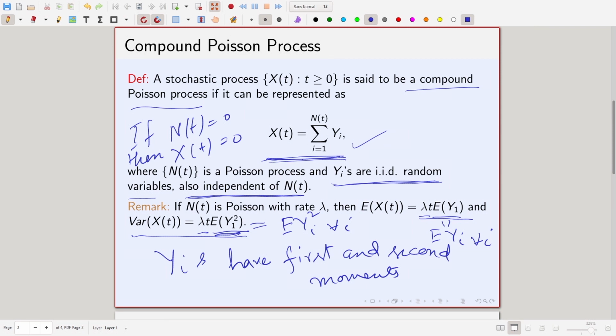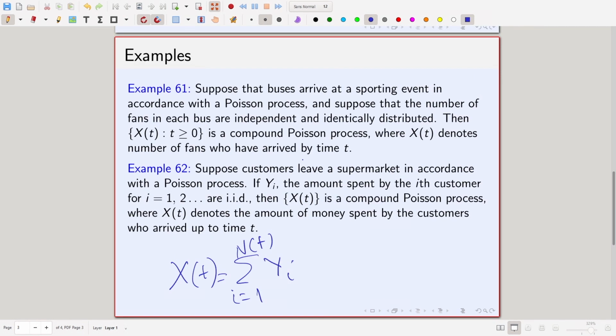That convention we are following. So, if Y_i is the number of fans who come in the ith bus, then up to time t there will be N(t) arrivals of buses, and the total number of fans who will arrive up to time t will be given by this formula. So you see, the compound Poisson process arises very naturally.